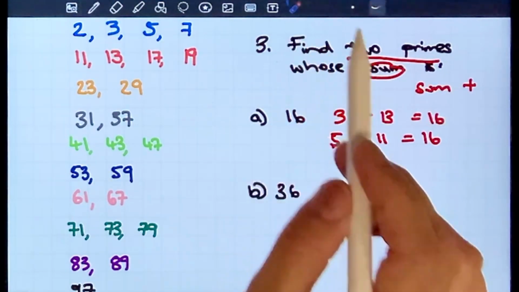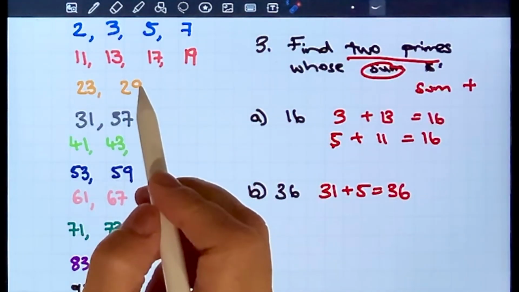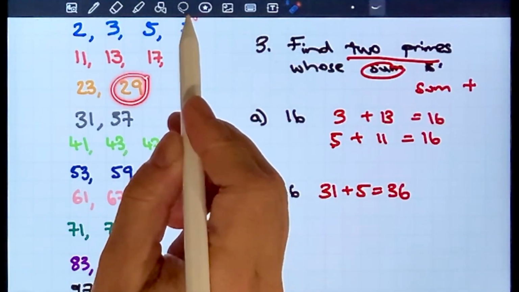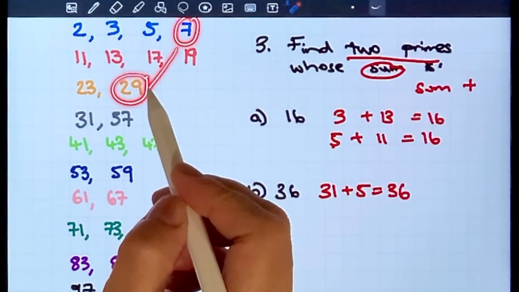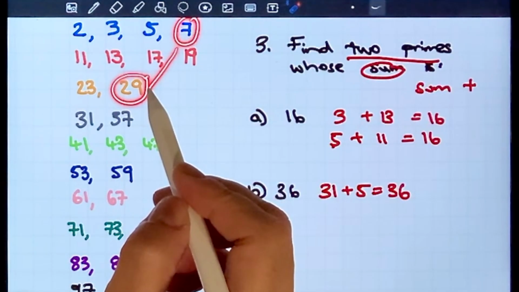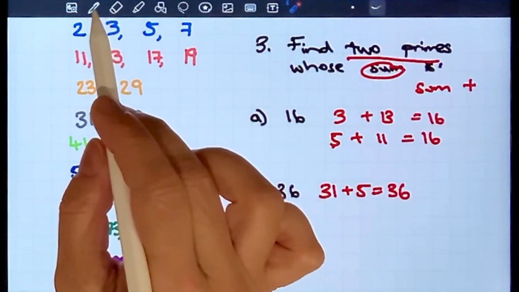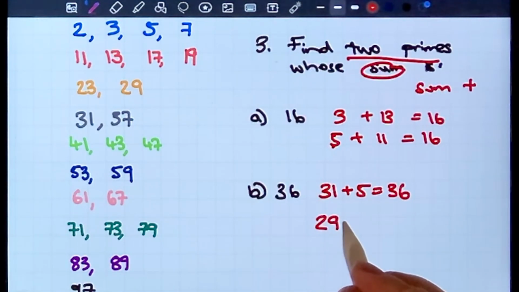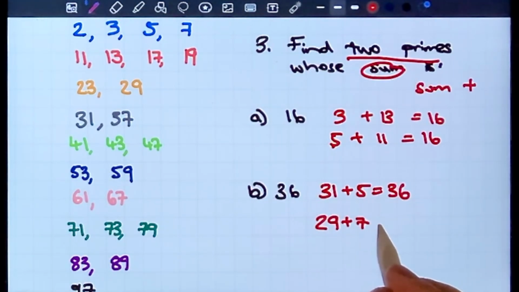But there's another one as well. If I take 29 and 7 and I add them, I'll also get 36. So 29 plus 7 is 36, so two more primes that add up to 36.